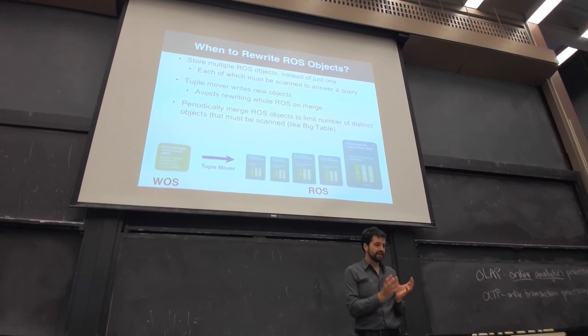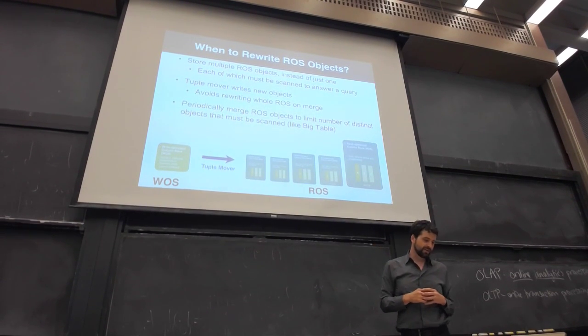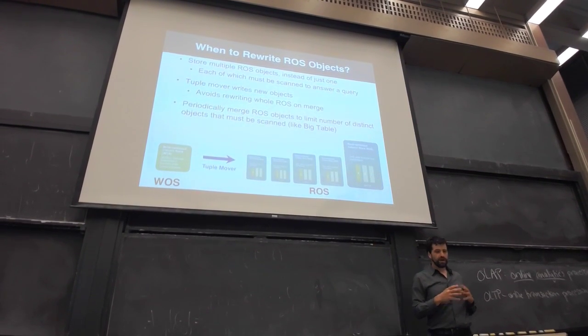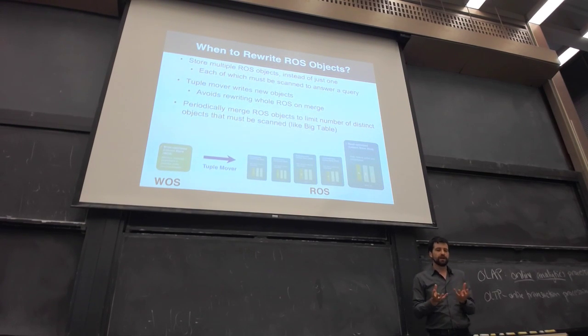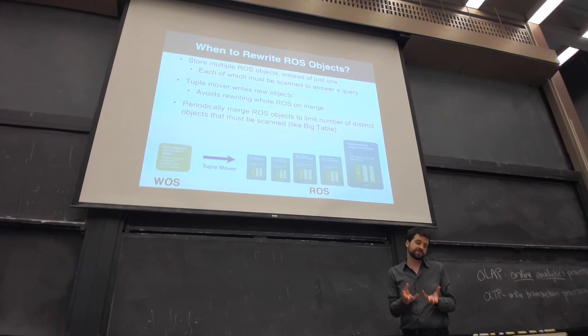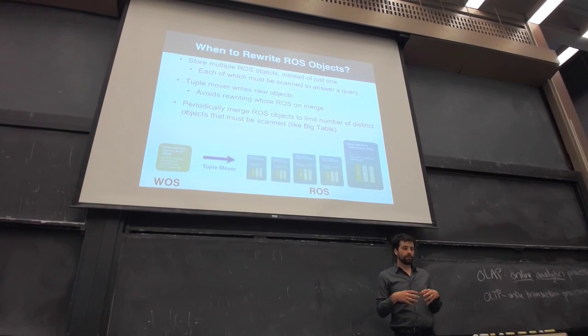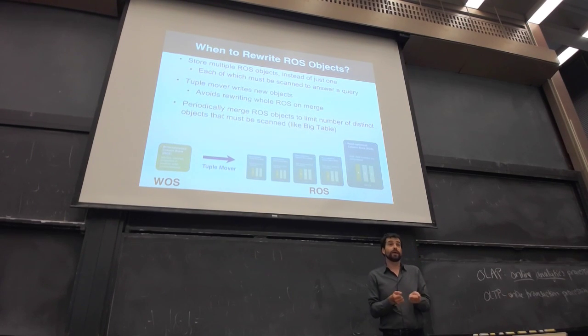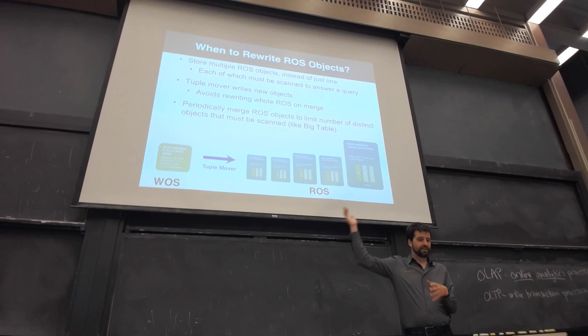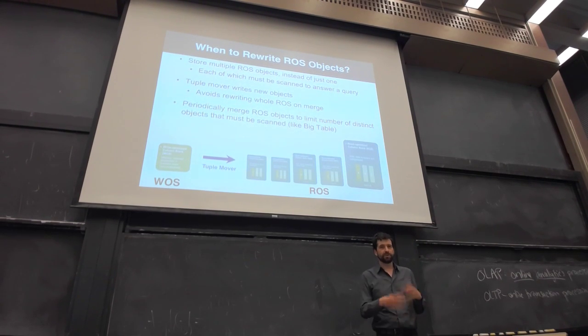The idea with this merging process is that it will result in some small number of these read-optimized store objects on disk that we'll have to access to answer any one given query. But we won't have to rewrite the whole database, or at least we won't have to do it very often. We might do it once every 100 or 1,000 times we produce one of these new ROS objects, but we won't be doing it every time we produce a new ROS object.